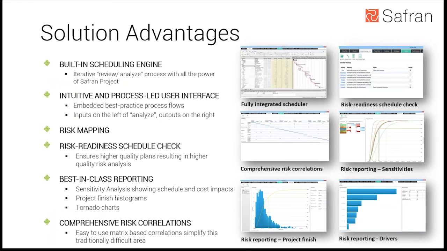We saw risk mapping earlier on, which is very powerful, and the risk readiness schedule checking ensures high-quality risk analysis. Comprehensive risk correlations, which we also saw earlier, and the integrated and best-in-class reporting, which is a real differentiator for Safran Risk.